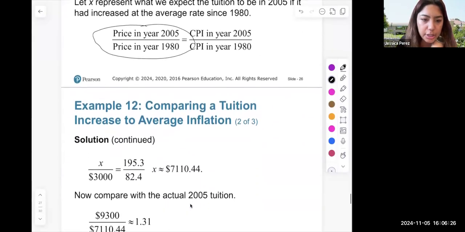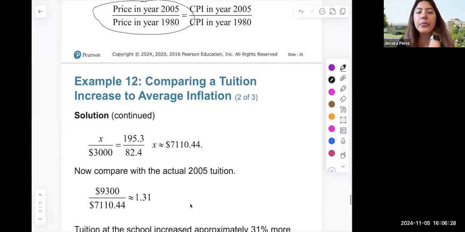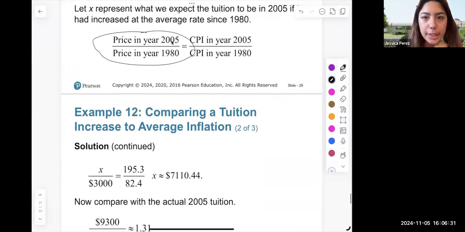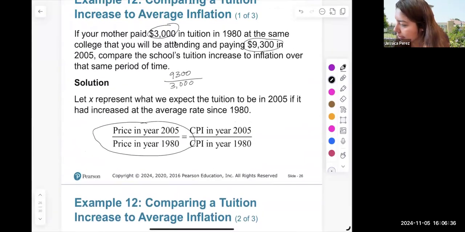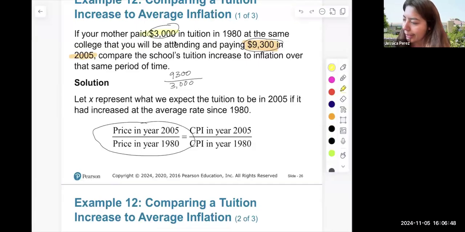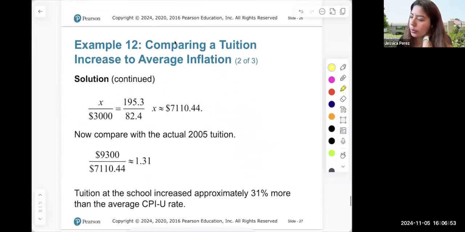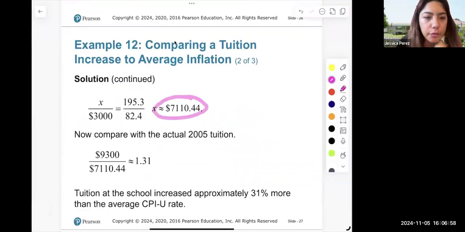If you're comparing the inflation, right, you're going to have the price of 2005. This is how much you're paying, and this is how much you paid in tuition back in 1980. So we're going to create a proportion. We don't know the value for the actual tuition in 2005.